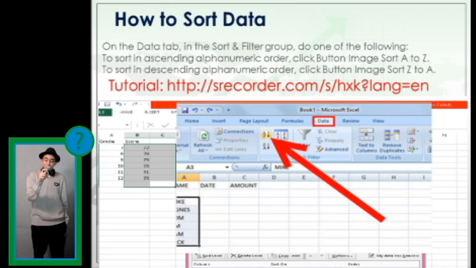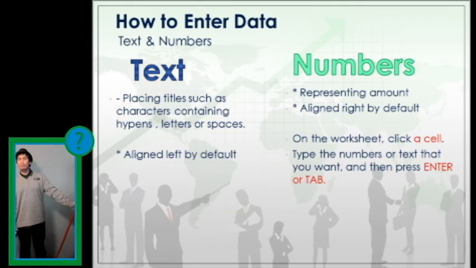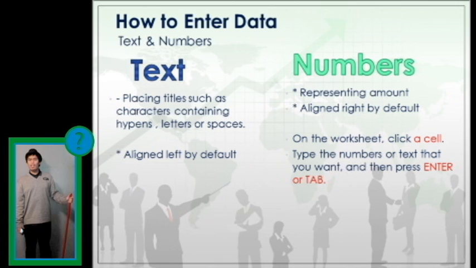To sort in descending alphanumeric order, click button sort Z to A. But what's text and numbers? Text and numbers. I'm pretty sure that's self-explanatory, but for those who don't understand it, just read.